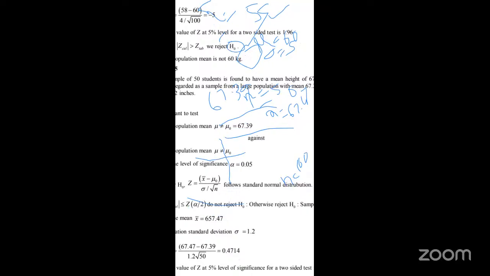So when we substitute the sample mean and population mean in the formula, what value do we get? 0.0474. This is a two-sided test, mu not equal to mu naught.